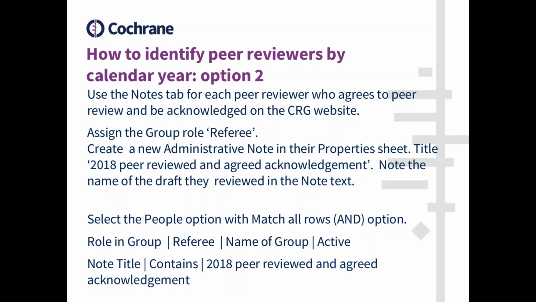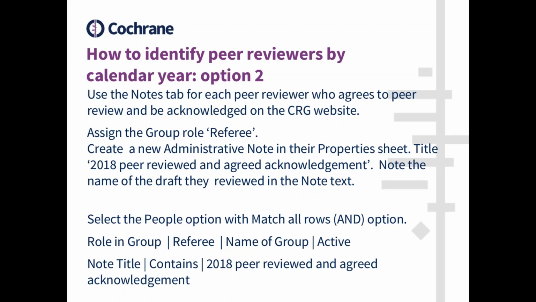which is to use the Notes tab, in a similar way to the way it was used to record a peer reviewer who wishes to remain anonymous. In this case, the Notes tab is used for each peer reviewer who agrees to peer review and to be acknowledged on the group's website.